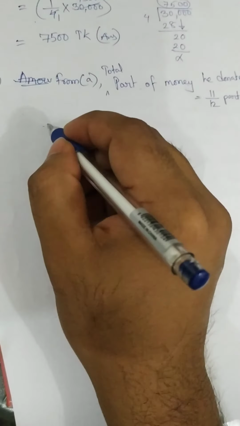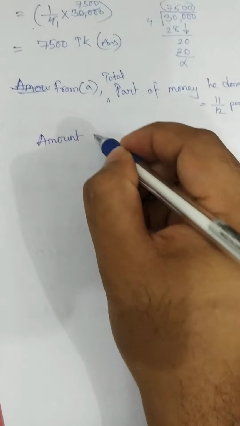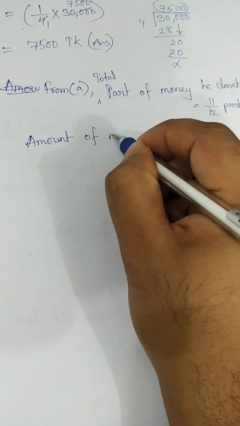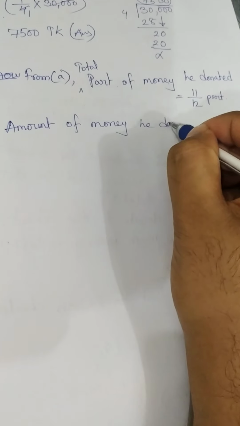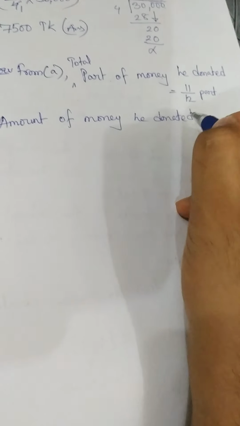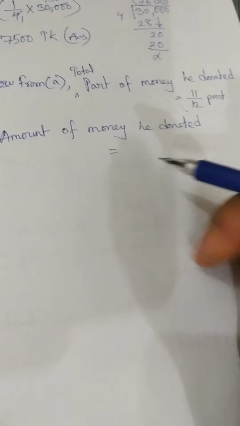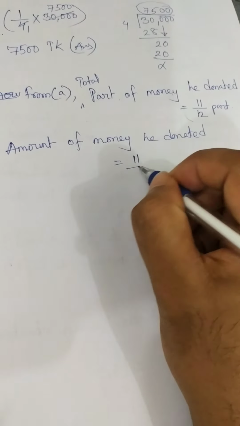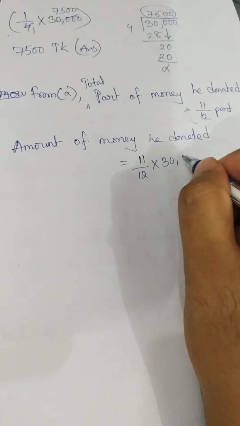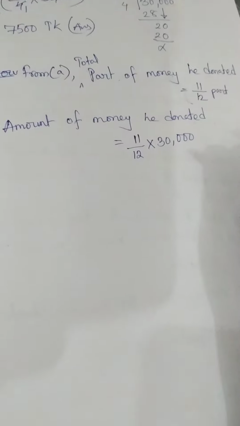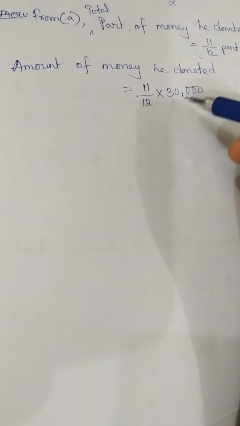So now we can say amount of money he donated equals this part into the total amount he had, that is 11/12 into 30,000. So 11/12 into 30,000. So we need to find this out.